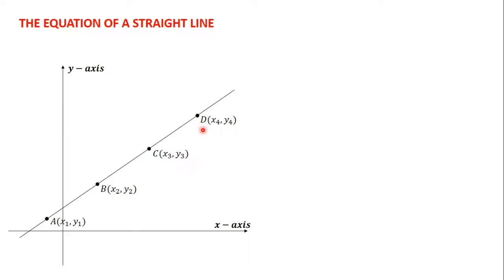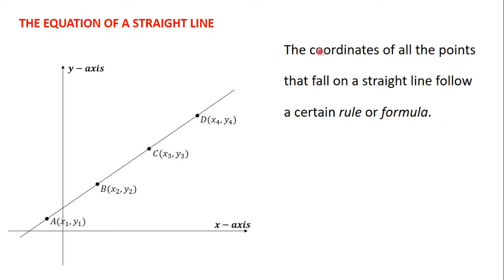If you have a straight line like this, the coordinates of all the points that fall on the straight line follow a certain rule or formula. So, for the straight line that we have in our diagram here, the coordinates of point A, point B, point C, and point D will all follow a certain rule or formula.